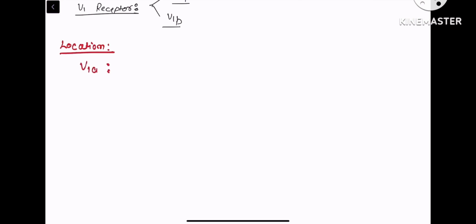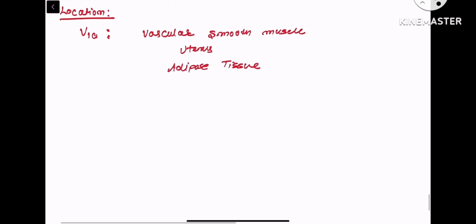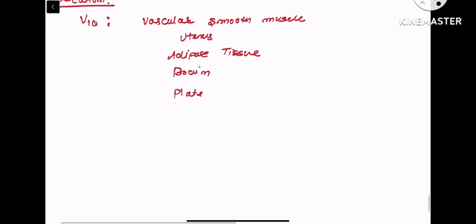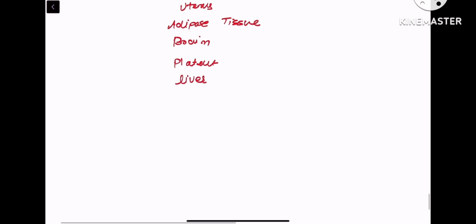V1A is present on vascular smooth muscle, uterus, adipose tissue, brain, platelet, liver.